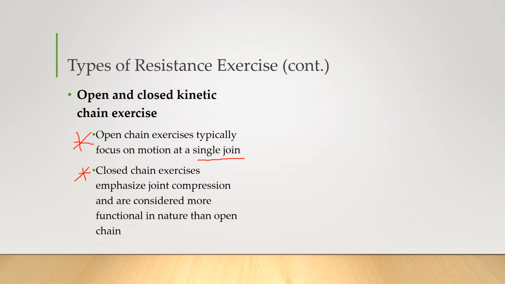So in both scenarios, we're trying to strengthen the quads. Open chain knee extension, where only the knee is moving. And then we have something like a squat, closed chain, where we get joint compression through axial loading, but we're also getting hip flexion, knee flexion, and ankle dorsiflexion, so it's focused on a lot more than just the single joint.